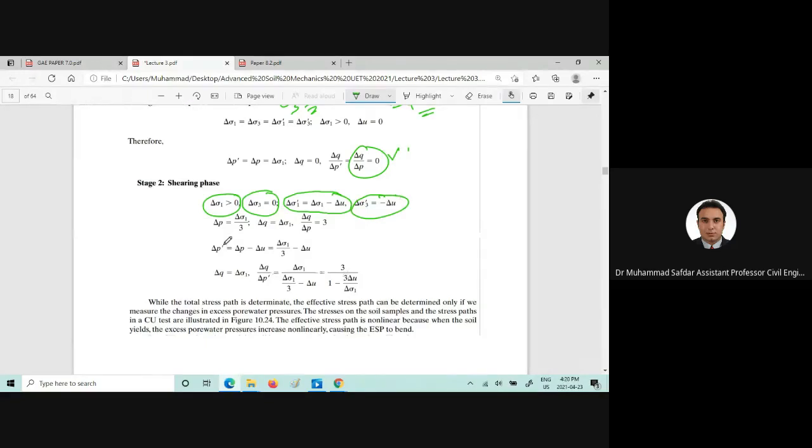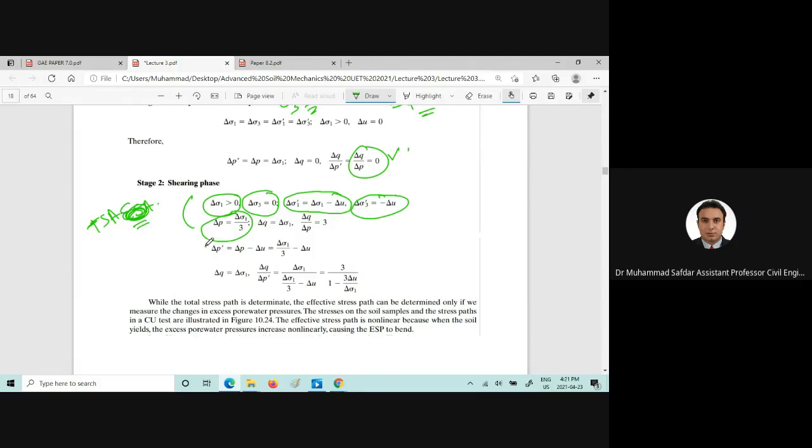Similarly, delta P is equal to delta sigma 1 divided by 3, and delta Q divided by delta P will be equal to 3 for the total stress analysis, the total stress path.